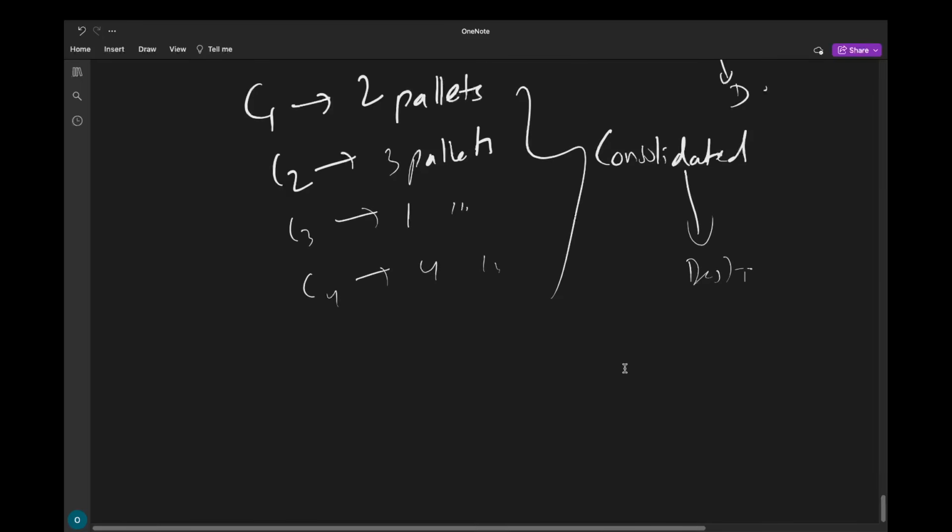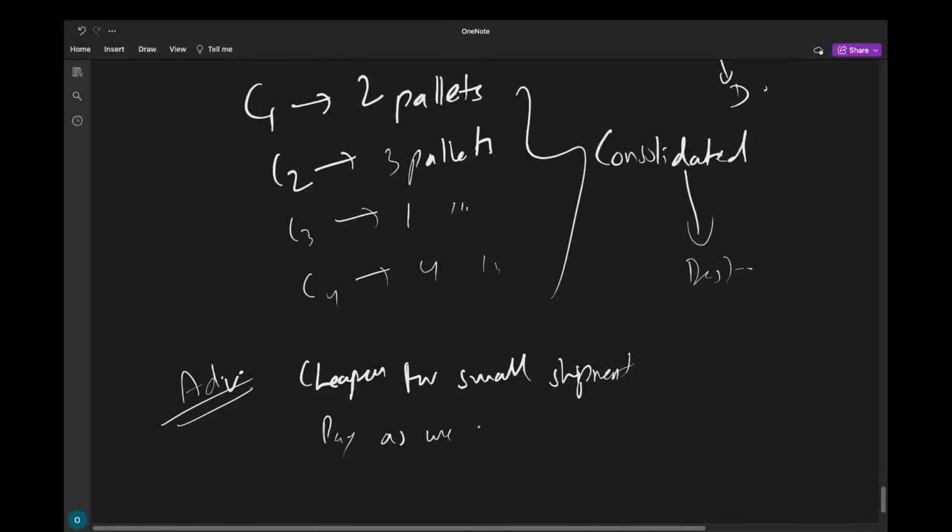Okay. What is the advantage here? It is cheaper for small shipments, and we pay only for the space we used. Pay as we use. What is the disadvantage?